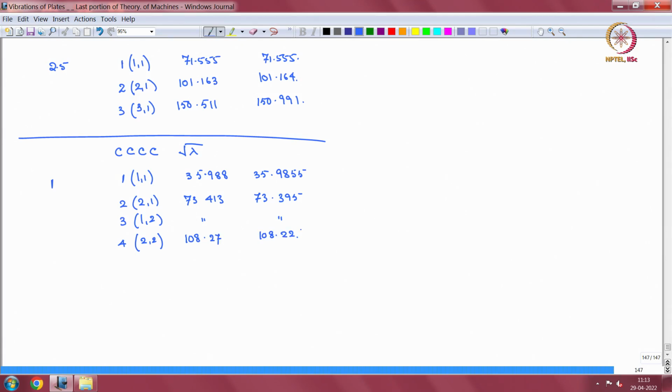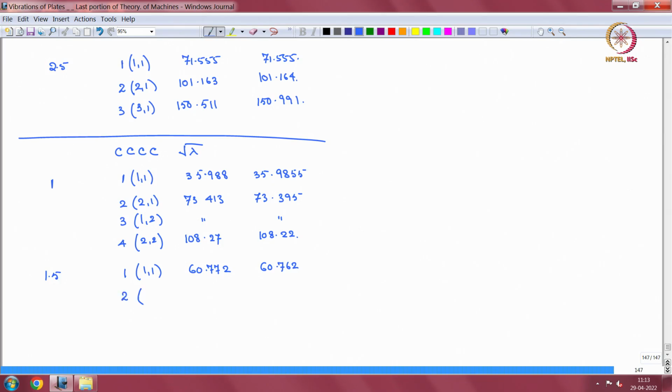If you choose a ratio of 1.5, the first mode 1,1 is 60.772 and 60.762.